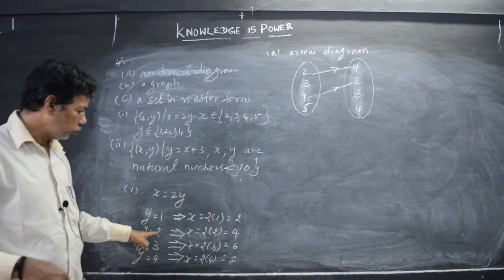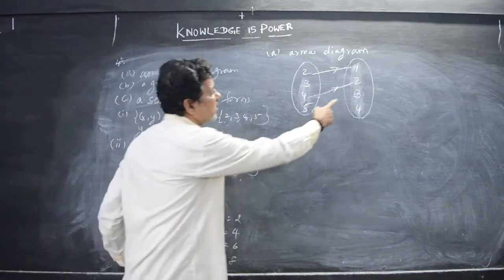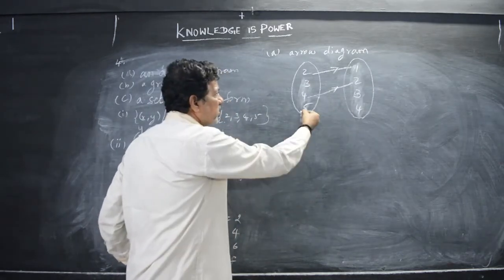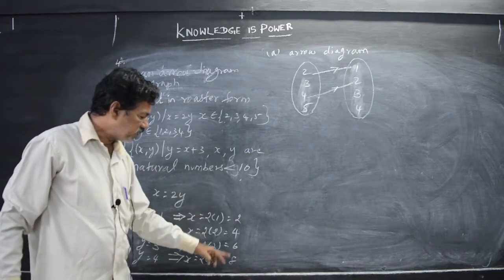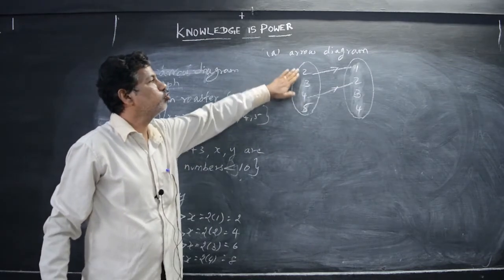If y value is 3, you will get 6, and for y equal to 4, 8. In place of 6 and 8, there are no terms given. You have to write only these two things.